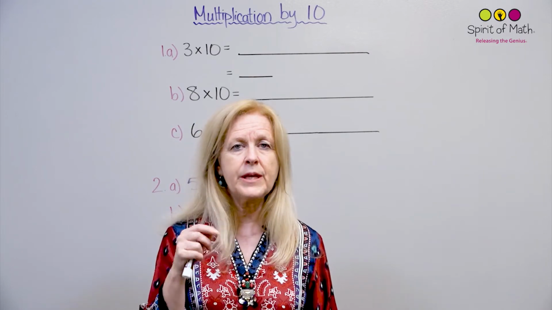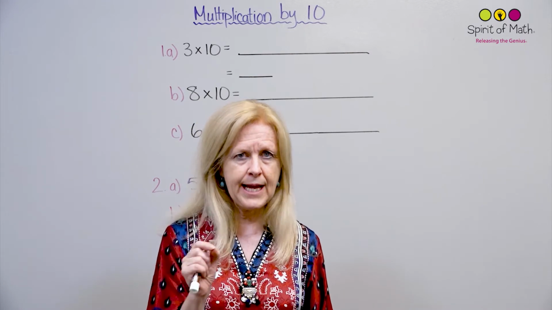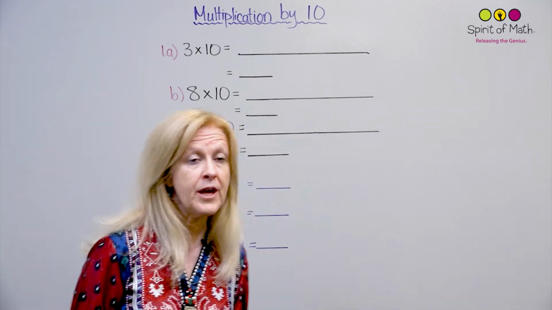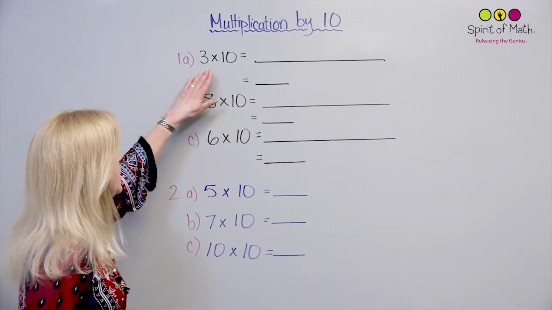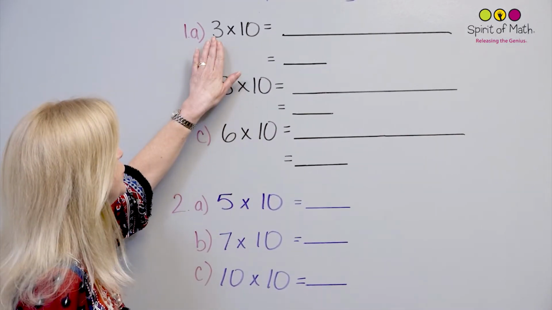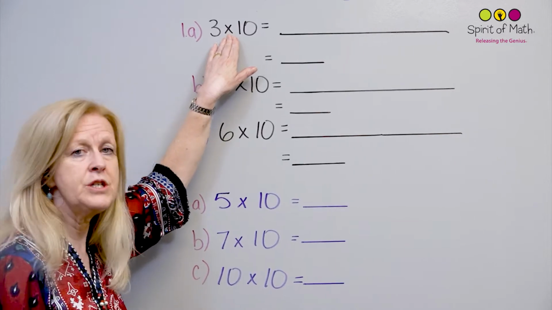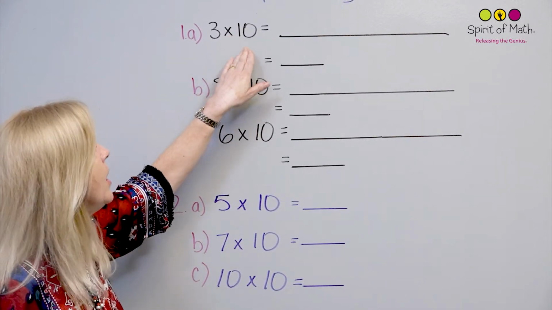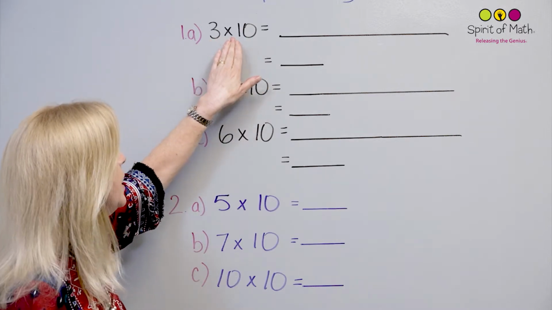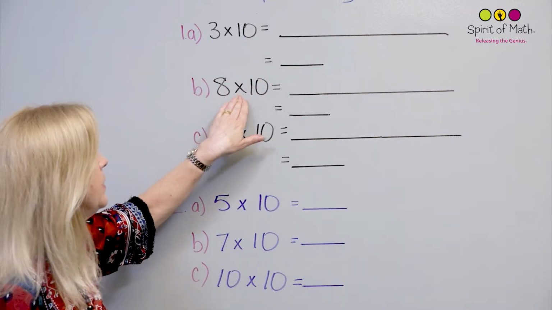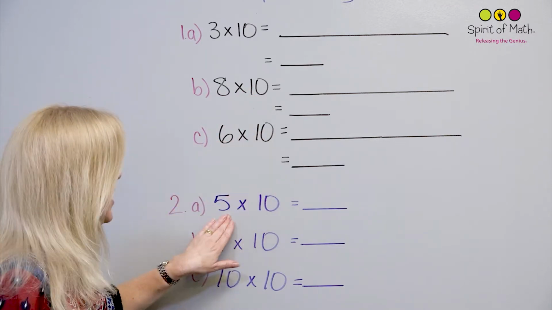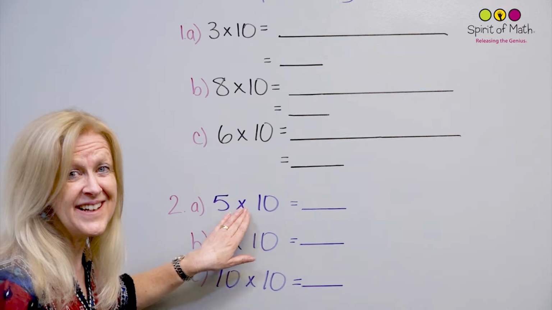Okay, so there's a couple of ways to think about this, and we're going to be looking at the multiplication sign, which looks like an X, and I'm going to explain to you how to think about multiplying. So in this case, all of these are multiplied by 10. If you notice you have 3, then you have an X, which means multiply by this number, 10. So it says 3 multiplied by 10, 8 multiplied by 10, 6 multiplied by 10, 5 multiplied by, did you say 10?